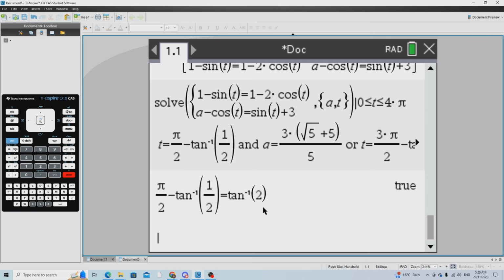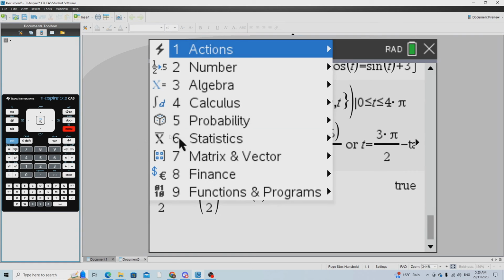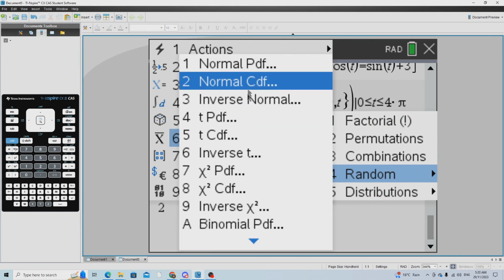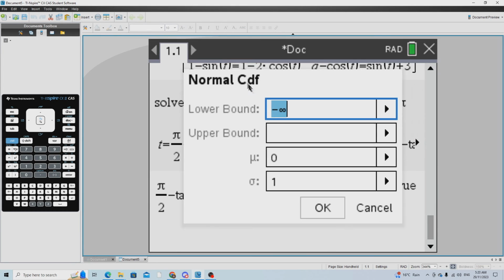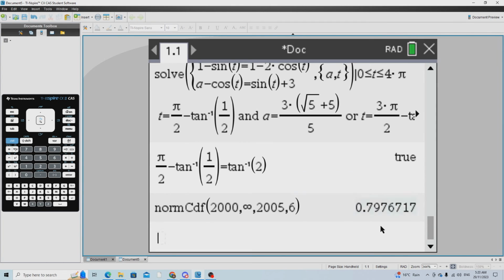Using our calculator, we go on menu, go to probability, go to distributions, and go to inverse normal CDF. Our lower bound here is 2,000. Imagine going to infinity. Our mean in this case is 2005, our standard deviation is 6, and we get this. So when it's greater than that, it's that. To 1 decimal place, 0.8.